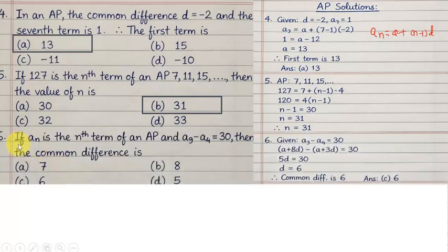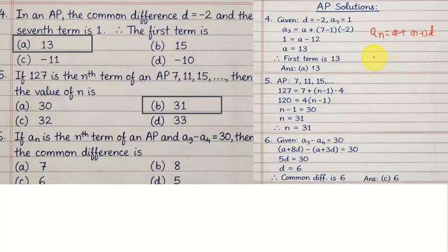Now next, if an is the nth term of an AP, a9 minus a4 is equal to 30. Then the common difference is, here we want to find out the common difference. Now a9 minus a4. Again here the formula an is equal to a plus (n minus 1) into d.